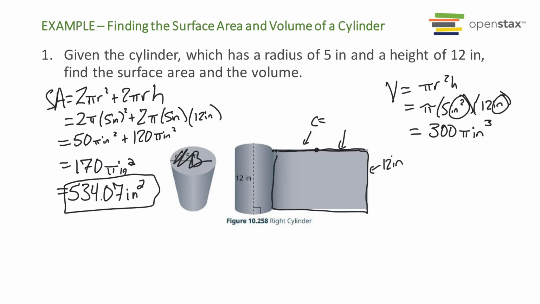So volume is in cubic inches. And so 300 times 3.14159 is 942, we'll go to one decimal place, so 942.5 cubic inches of volume.